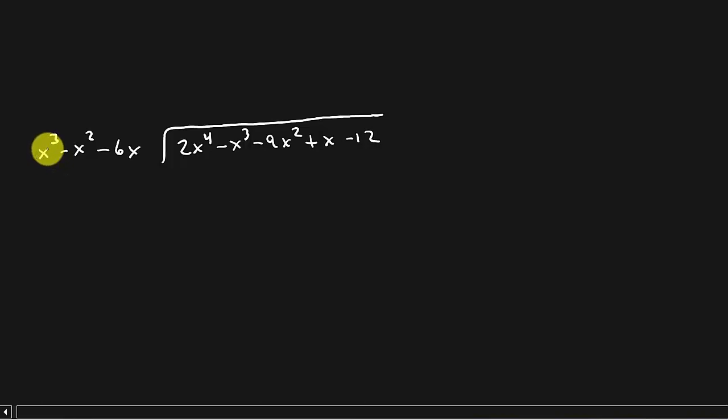What do you need to multiply to this to get this first term? Well, that would be 2x. And so then I take the 2x and multiply it to this. So that's going to be 2x to the fourth minus 2x cubed minus 12x squared.